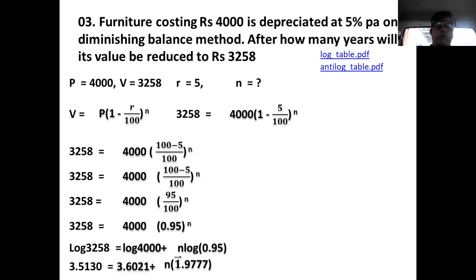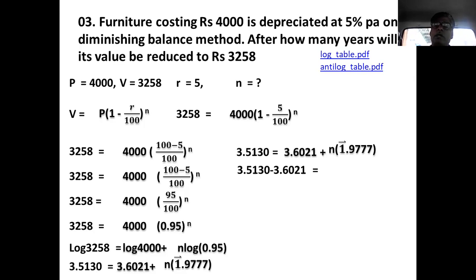Then the next step, you take the 3.6021 to that side. Okay, that is 3.5130 is equal to 3.6021. Same I have taken here.